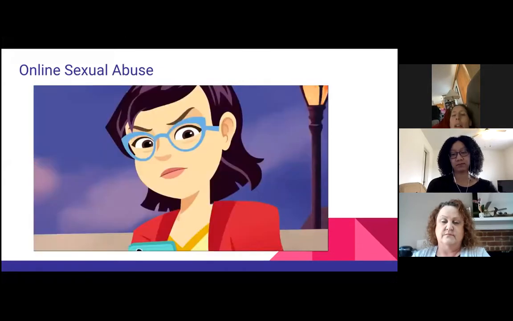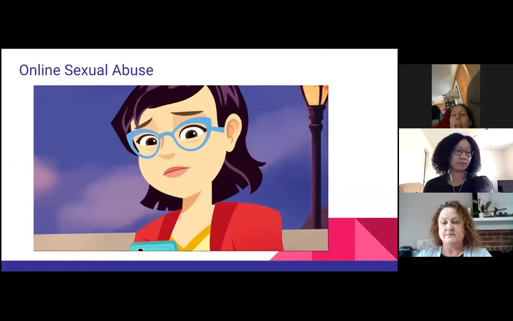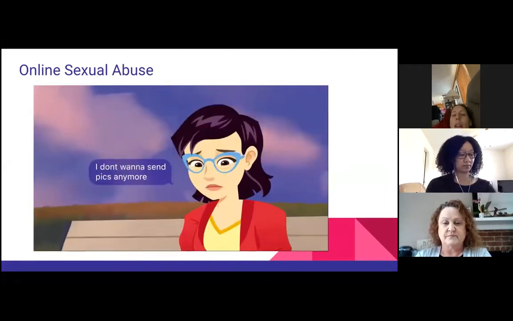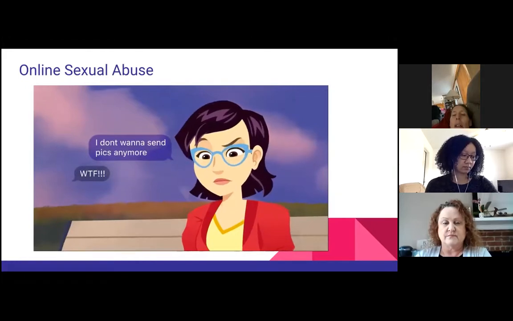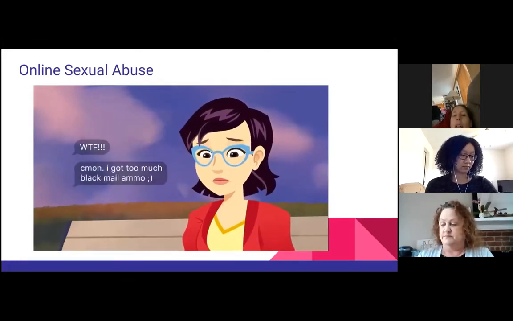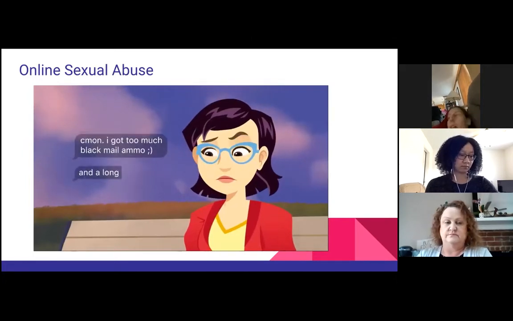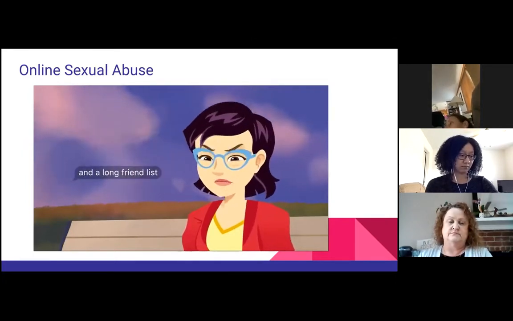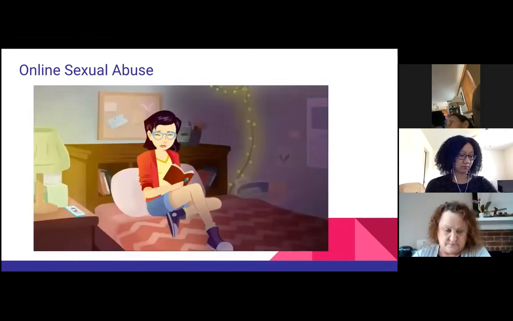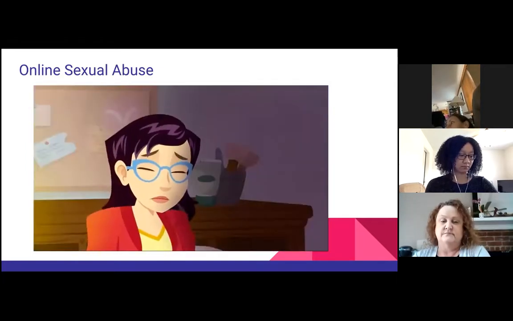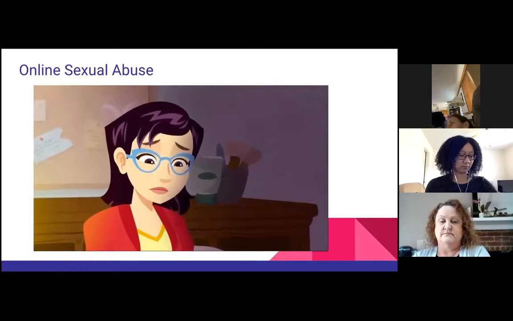A lot of his behavior was coming off so creepy. When I stopped sending them, he got pissed. I just wanted him to chill out with the requests. But he started sending, like, immature threats. Seriously? Really? So it was going downhill fast. I tried to ignore him, but he was blowing up my phone.